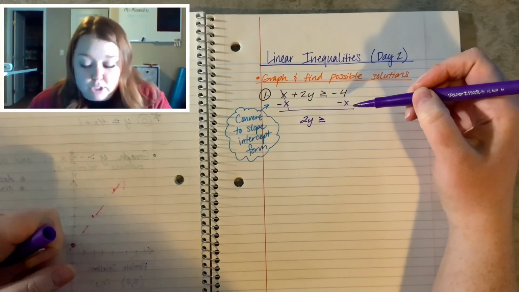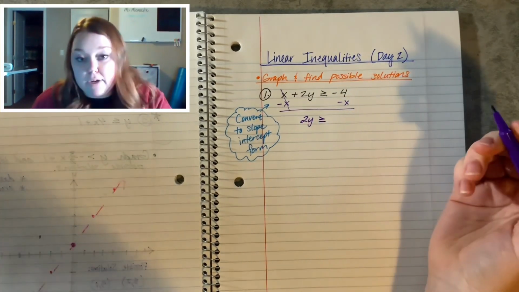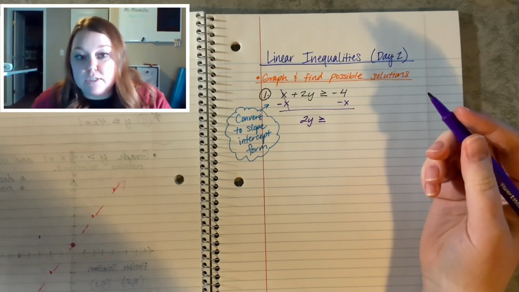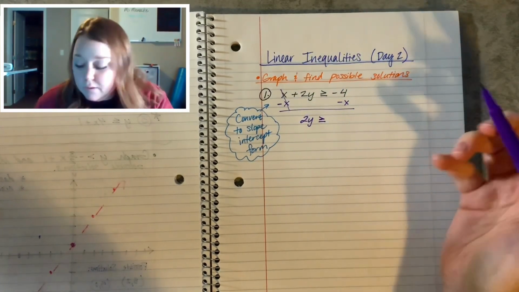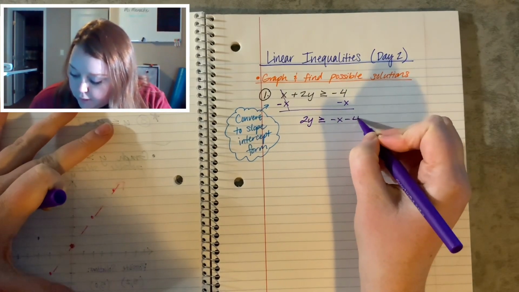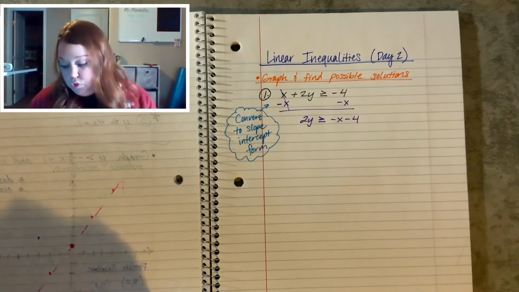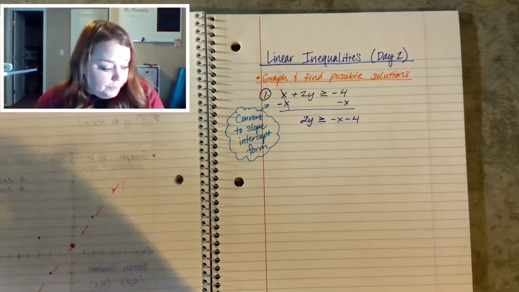They are not like terms. So you can write it as -4 minus x. I recommend putting your x term first because we want it in that form anyway. So I'm going to put the -x right here and then drop down the -4. So right now I have 2y is greater than or equal to -x minus 4.